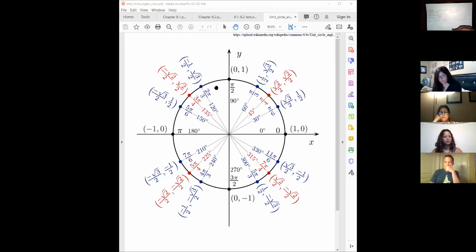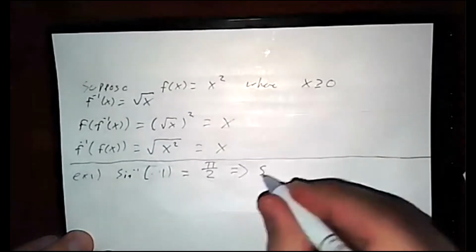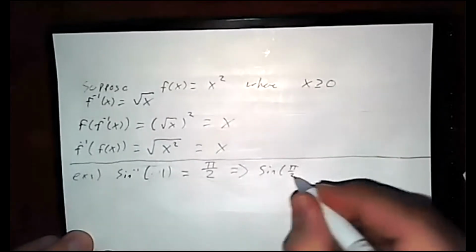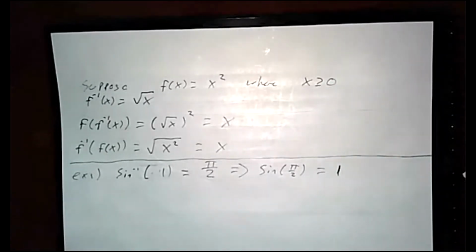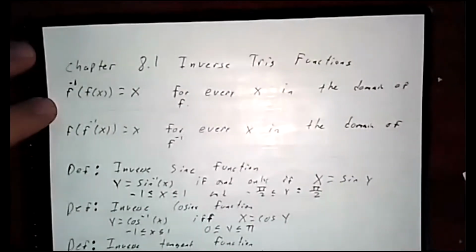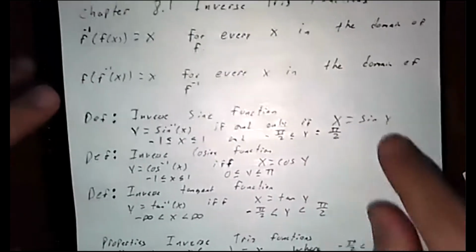Now, if you were to use the definition that we wrote at the beginning, this is the same as saying sine of pi over 2 is equal to 1, which is also true. Yeah, 90 or pi over 2.